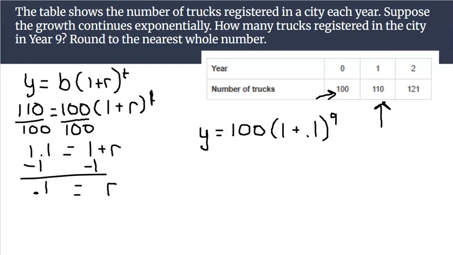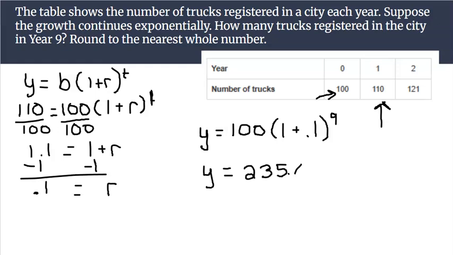On the calculator, all you need to do is put 100 times 1.1 raised to the power of 9. It's going to give, I believe, 235.8, and they want us to round to the nearest whole number.